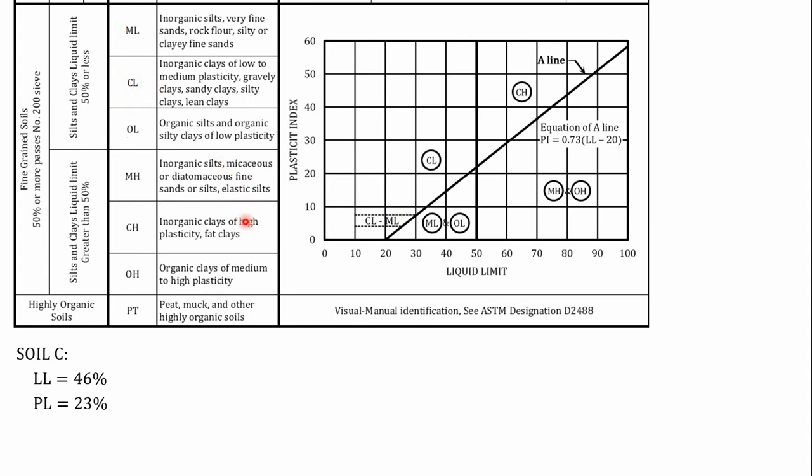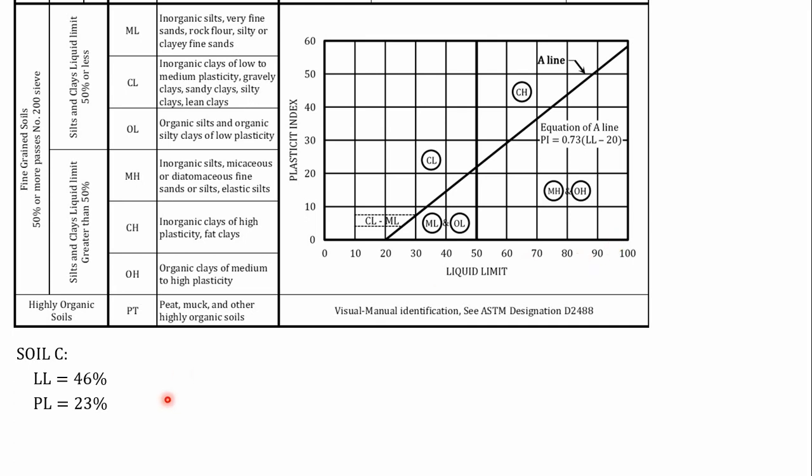So what we will do here, class, is plot it using this graph. The vertical axis represents the plasticity index, and the horizontal axis represents the liquid limit.